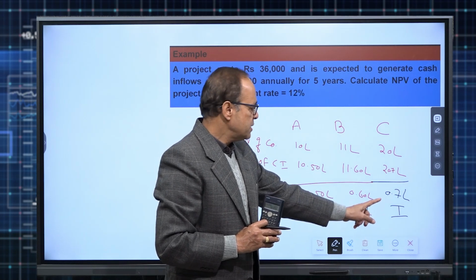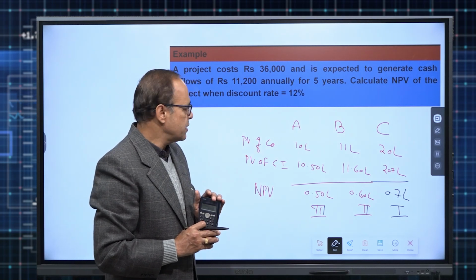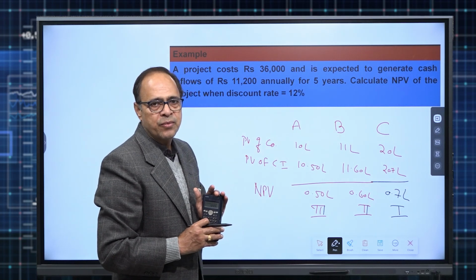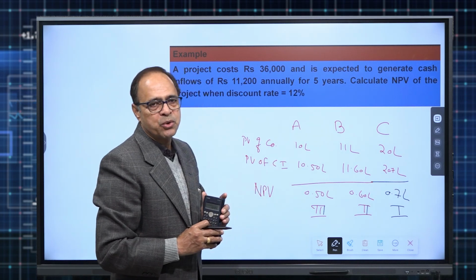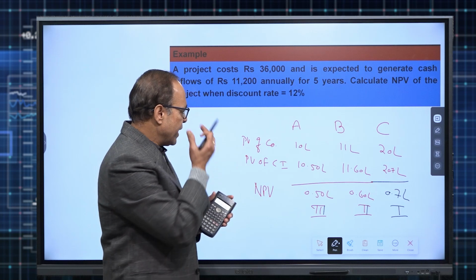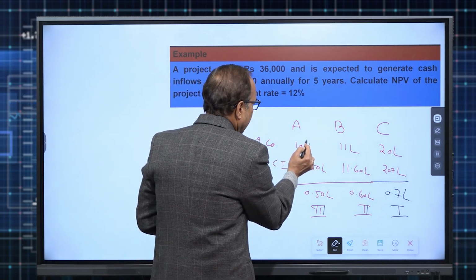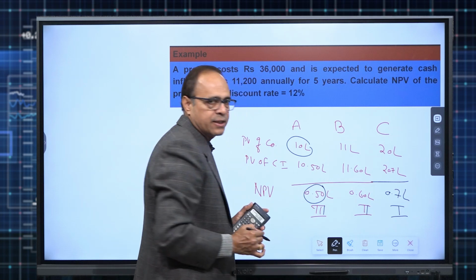However, since we are considering absolute values, it may not be advised to go for project C only on the basis of absolute value. Look at the fact. By investing 10 lakh, how much are you getting extra? 0.5 lakh.